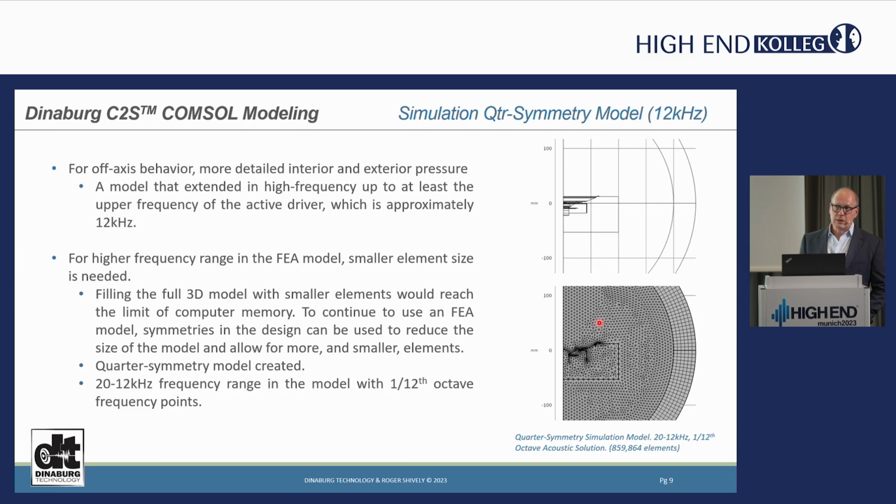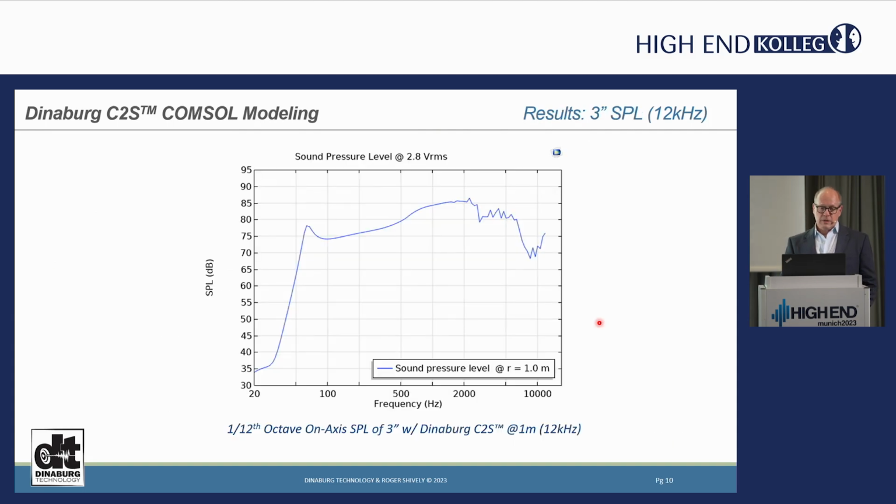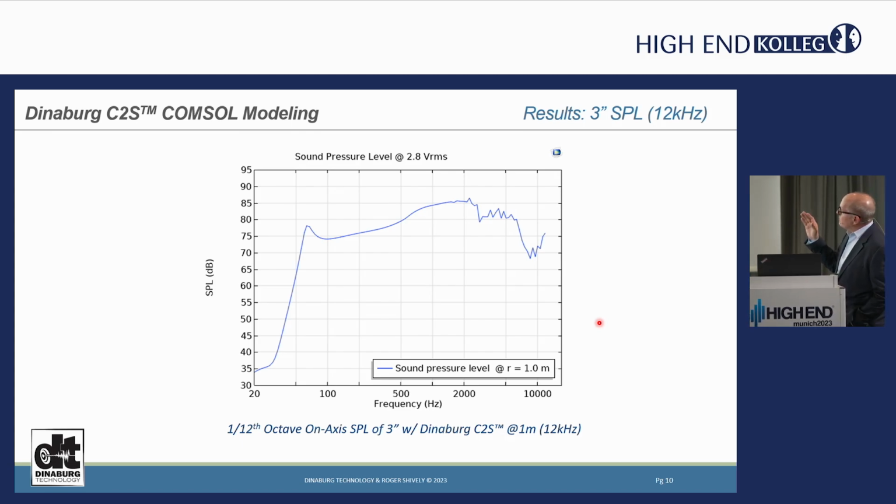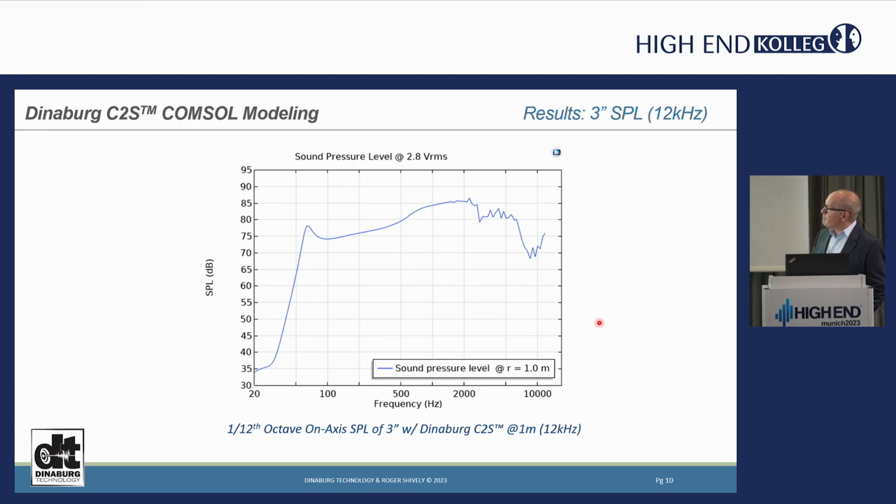We're still in finite element analysis, so we need the refinement to get the high frequencies, and the element size would have been too small to actually run a full three-dimensional model up to 12,000 hertz. So we went to quarter symmetry in order to get up to 12,000 hertz. The mid-range starts to stop working around 8K, but the model was run up to 12 kilohertz.